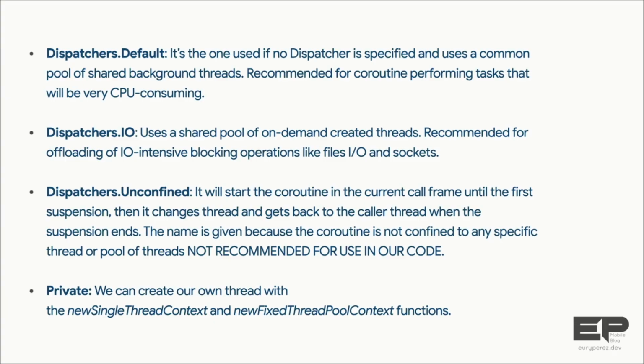This uses a shared pool of on-demand created threads. So it's different from the default, which has shared background threads. The I/O threads are created on demand. Every time you launch a coroutine, if there is no I/O thread available, the system will create a new I/O thread so the coroutine can execute there. This is recommended for offloading I/O intensive blocking operations like file I/O and sockets.